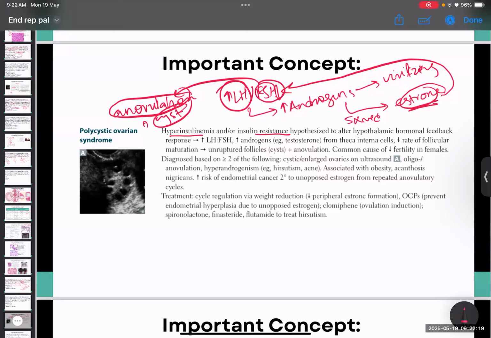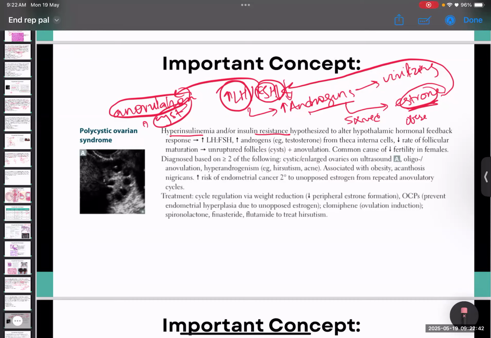And also, like I mentioned, genetics, diet, all of that play a role, especially if the patient's obese, because she has a lot more adipose tissue in her body to kind of convert the excess androgens to estrone. And that estrone is just going to further cause a decline in FSH. So yeah, it's a very common cause of infertility in females.